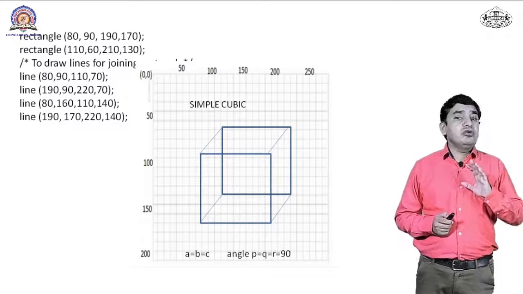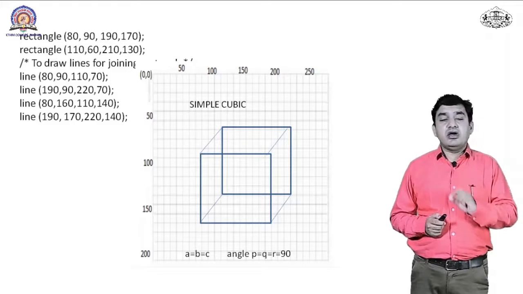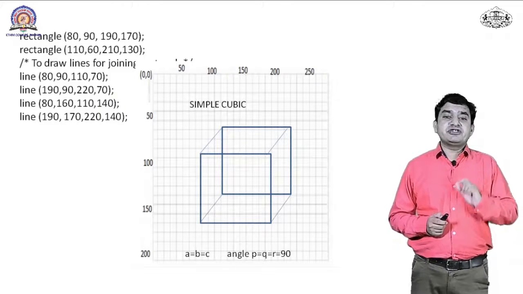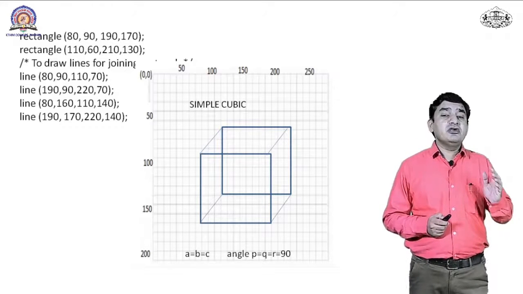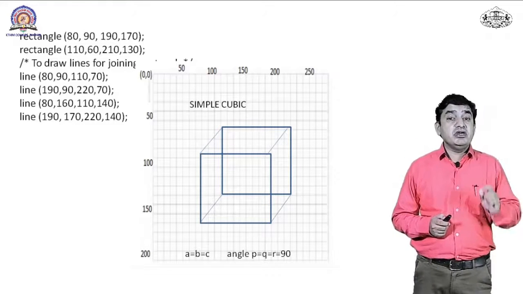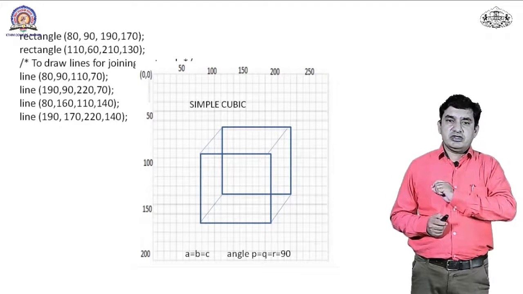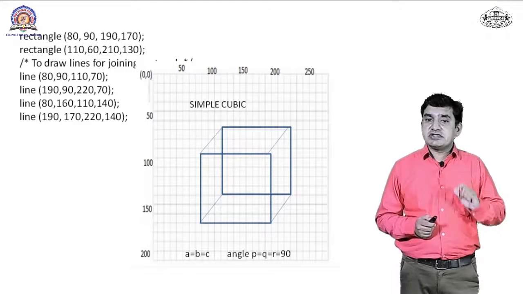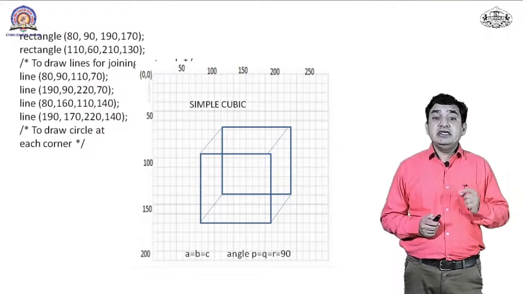Now we have to draw a circle at each of the 8 corners of the cubic structure, so that we get a simple cubic structure with 8 atoms at 8 corners.